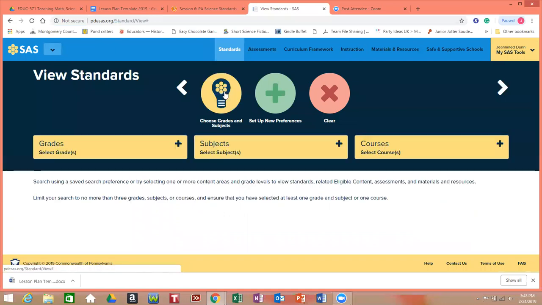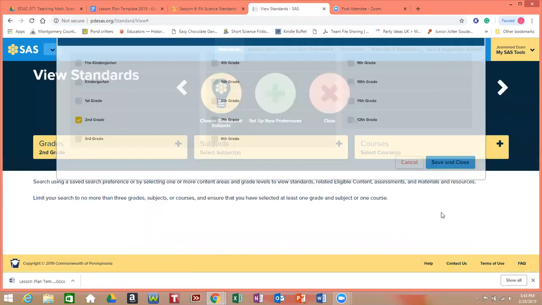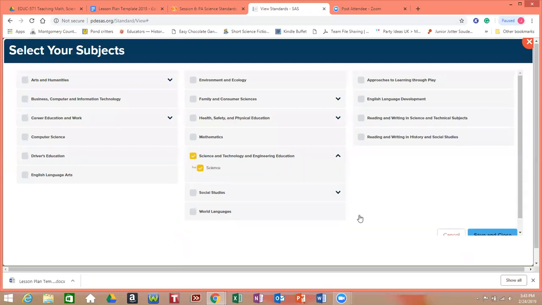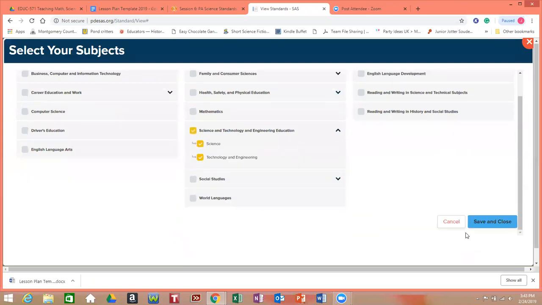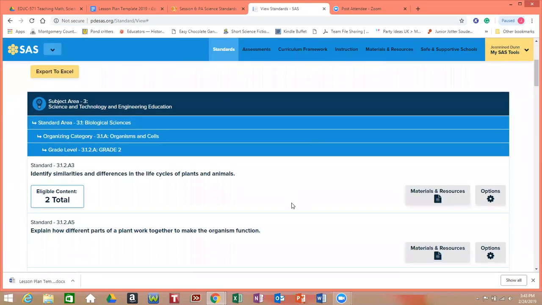You can choose the grade level that you want. So let's just say second grade. And you can choose science and technology standards.